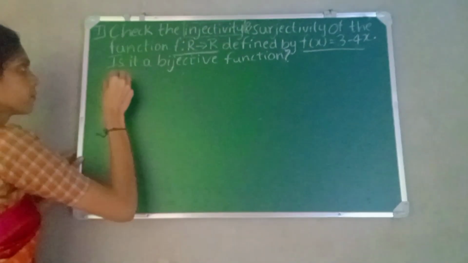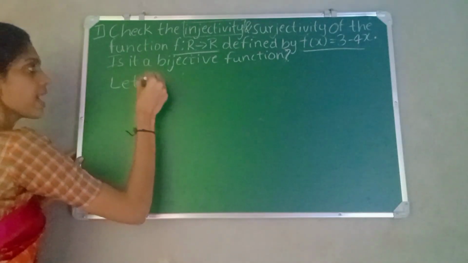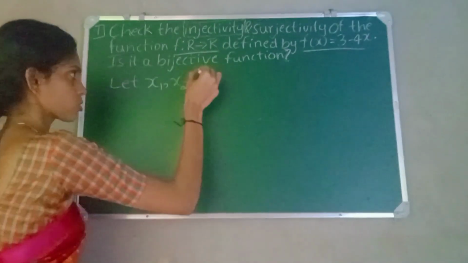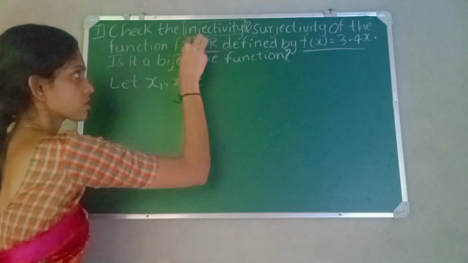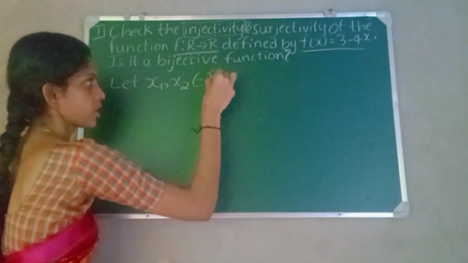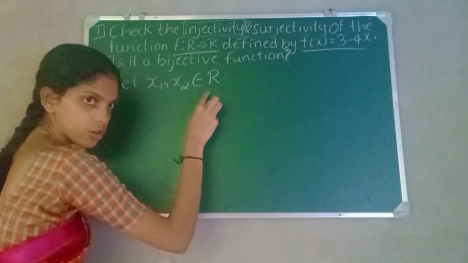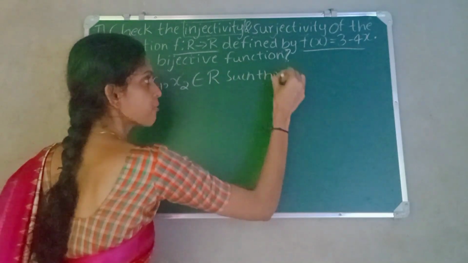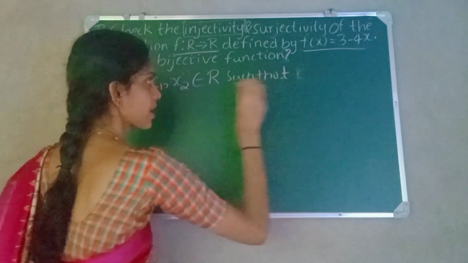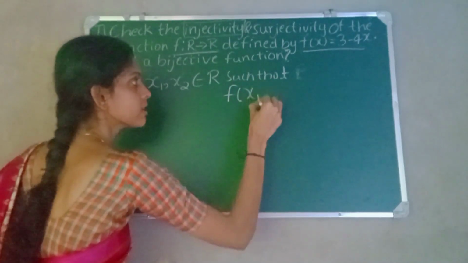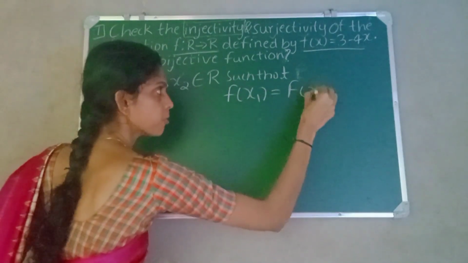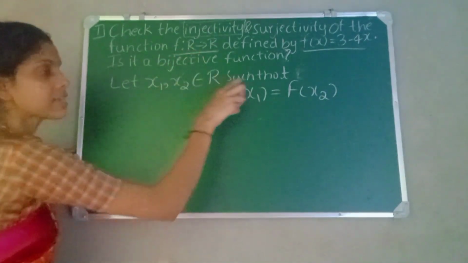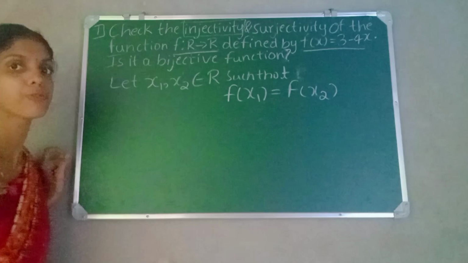First, following the general pattern, let x1, x2 belong to the first set, that is R, such that f of x1 is equal to f of x2.